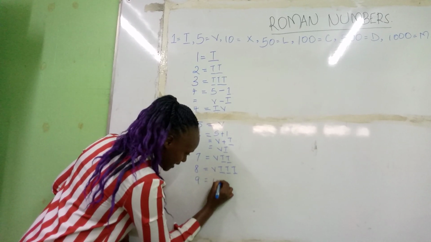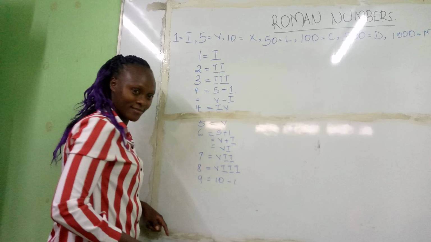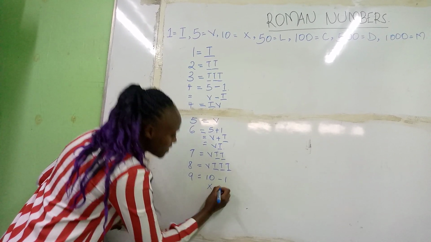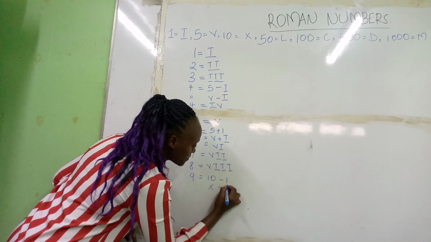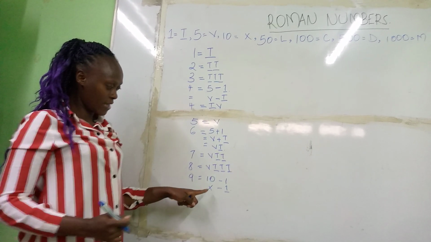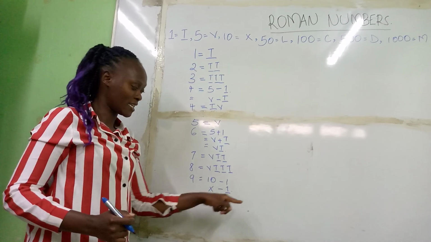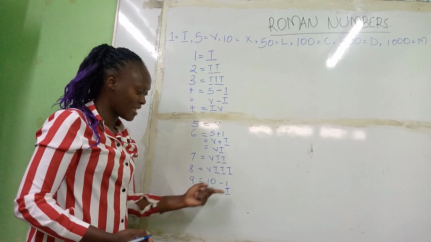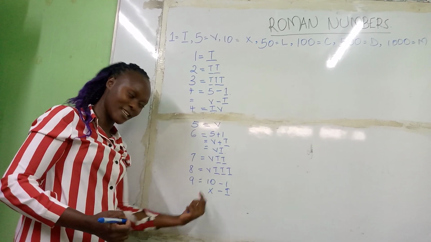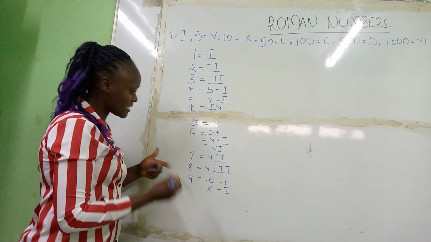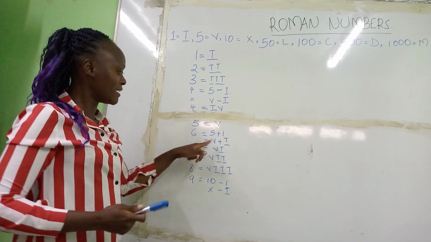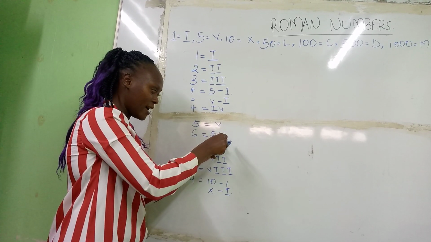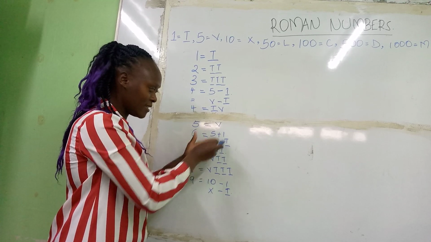And then 9 is 10 minus 1. We have a 10 as X minus our 1. And if the equation is X minus I, sorry, this is supposed to be an I, the I precedes the X. When the equation is a letter plus a letter, we start with the bigger letter and then the smaller one.